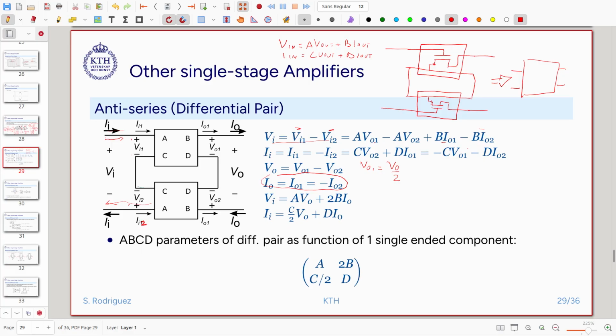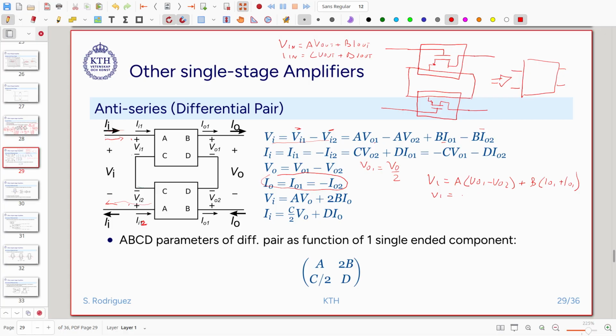So we have that VI is going to be equal to A (VO1 minus VO2) plus B, and that will be IO1, and we just use this equation. IO2 is equal to minus IO1, so that will be plus IO1 here when we multiply by minus 1 here, and that will already give me something very interesting.